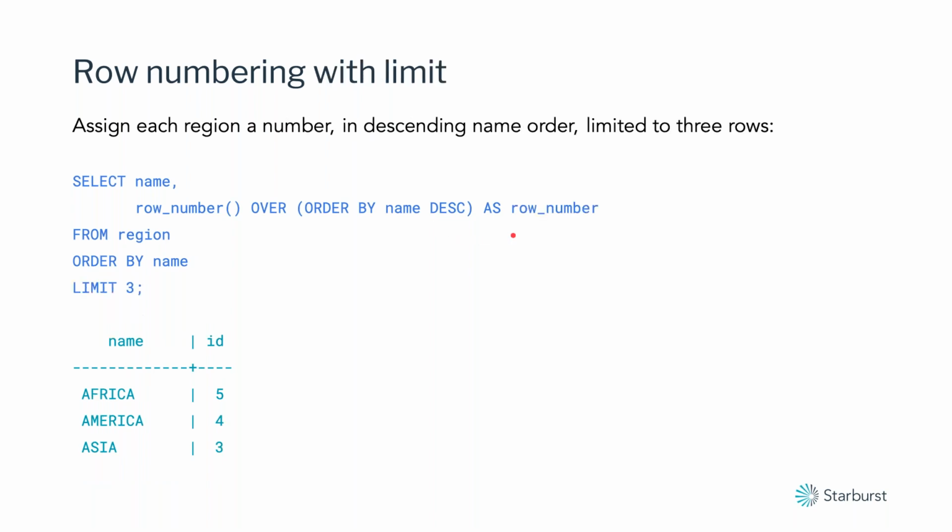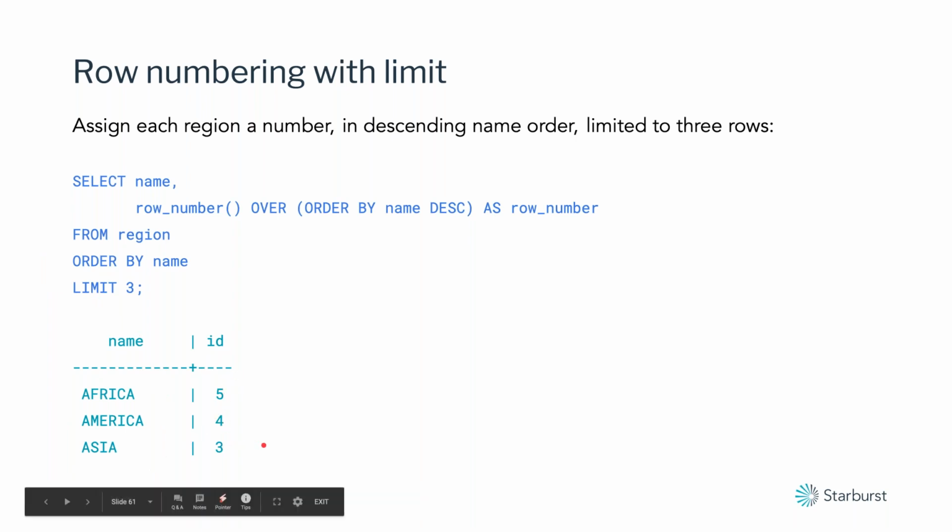So we can see here again the relation to order by and limit, where we run the row number in descending order. Then we order the output rows of the query and limit it by 3. And we see that we got the first 3 names in alphabetical order, but they had the numbers 5, 4, 3.